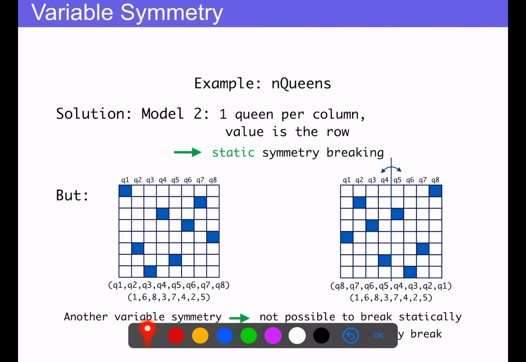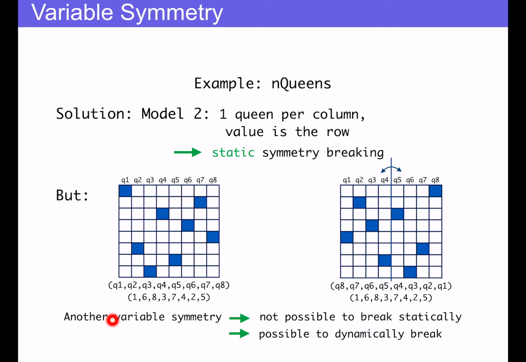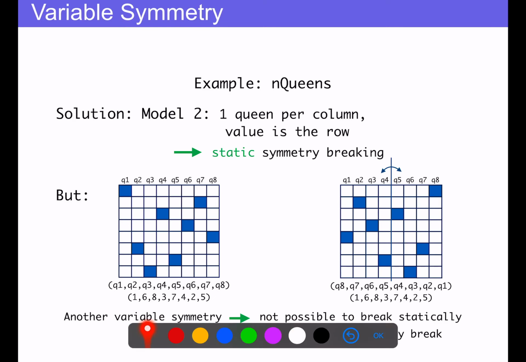So if Q1 becomes Q8, Q2 becomes Q7, Q3 becomes Q6, Q4 becomes Q5, you've got a bijection and you still have a symmetry. So this is still a variable symmetry, and it's not so easy to avoid that symmetry for the n-queens problem.